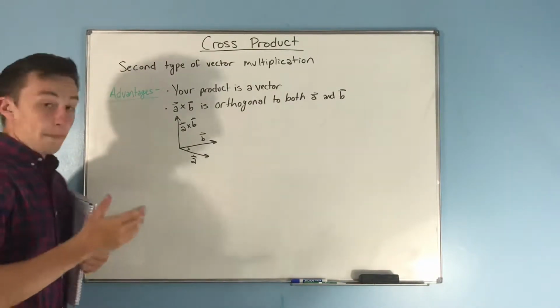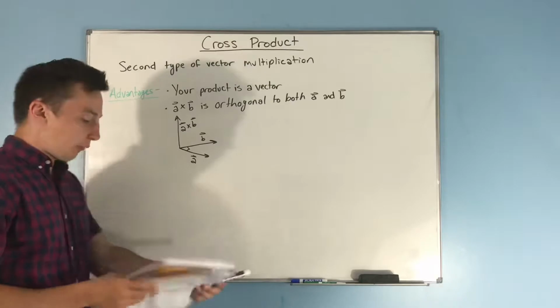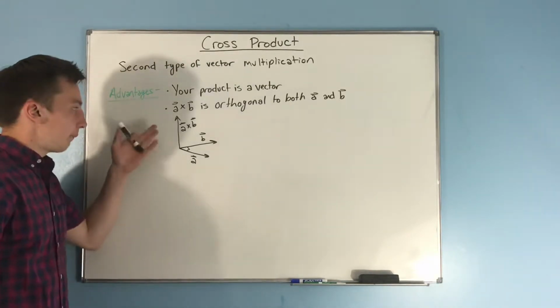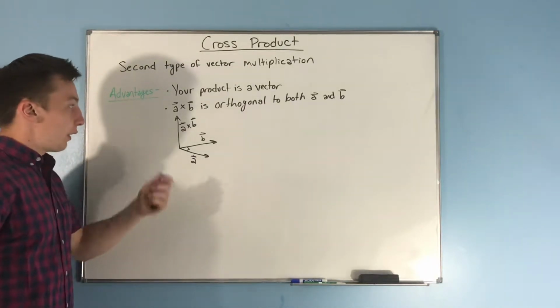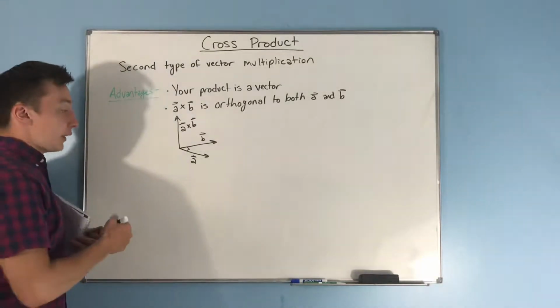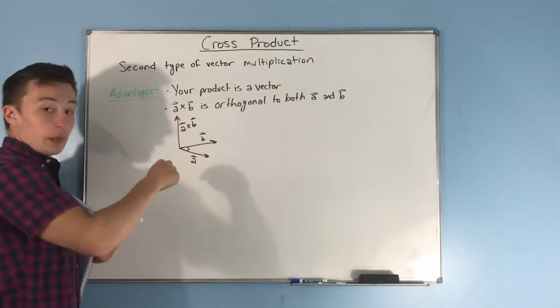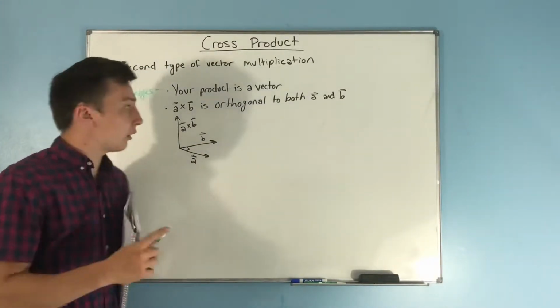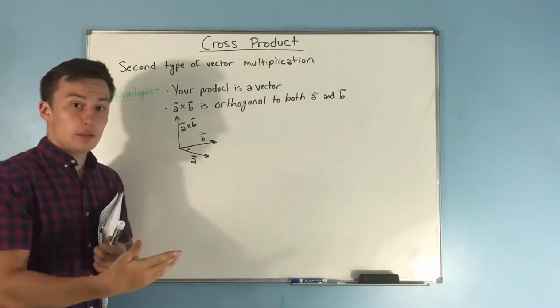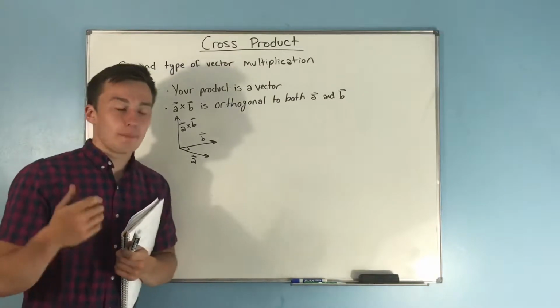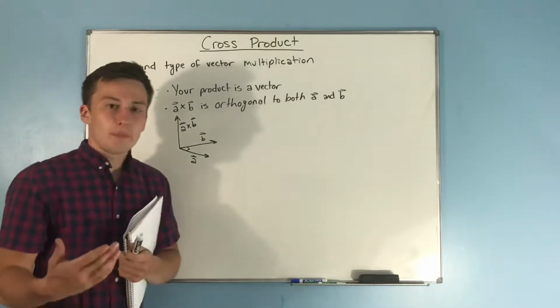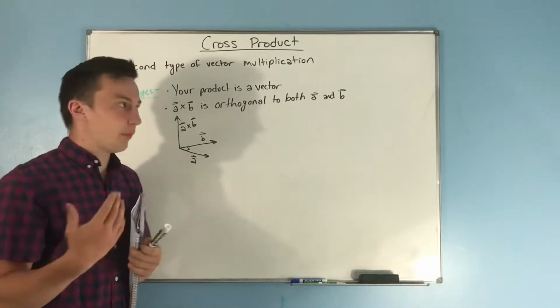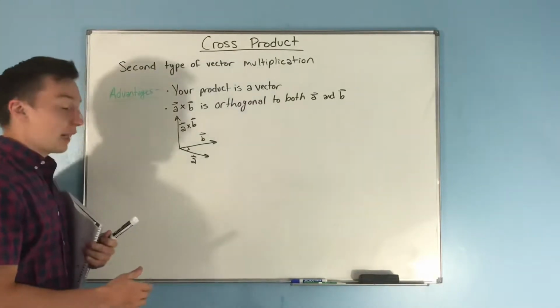Now, one quick note before we even start here: how do I know whether A cross B is going up or going down? Because both of those directions are orthogonal to A and B. You can use the right-hand rule, but honestly, I haven't had the best of luck with that.